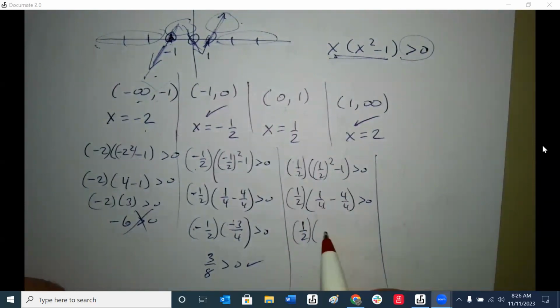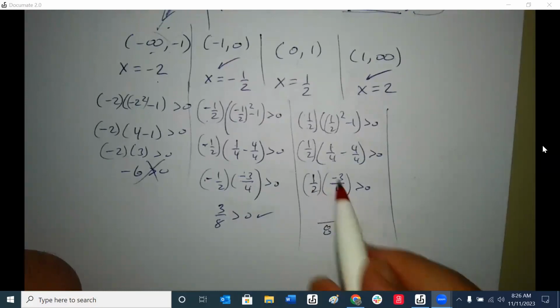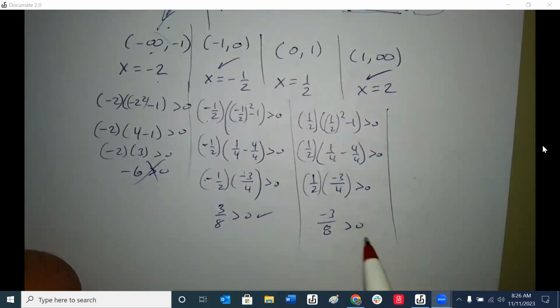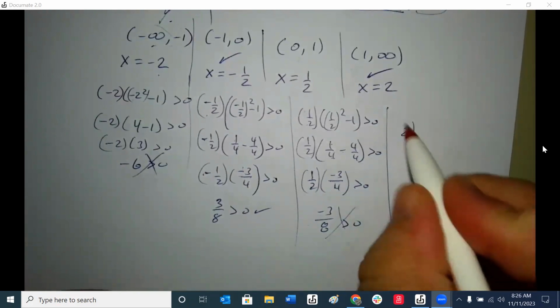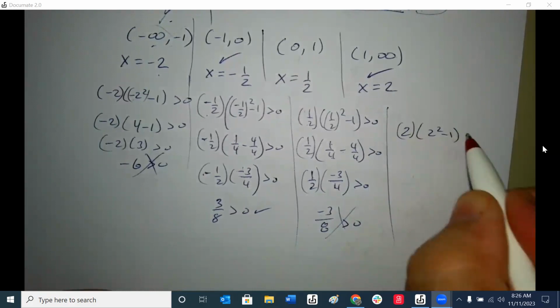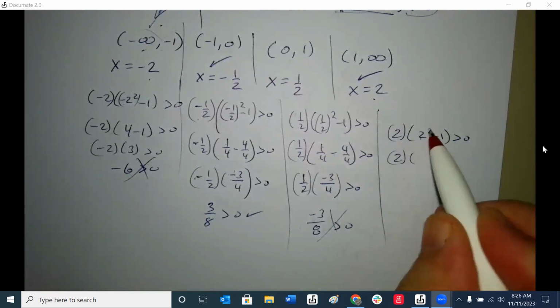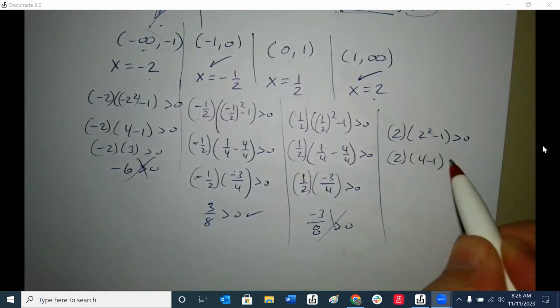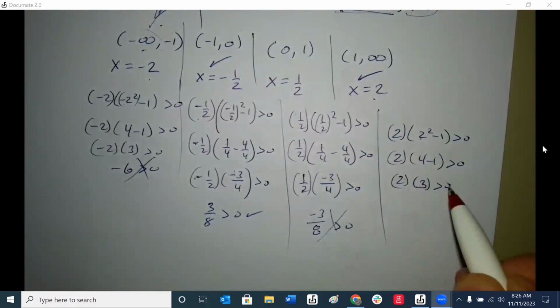So 1/2 times, since you have a common denominator, 1 minus 4 is negative 3. 2 times 4 is 8. 1 times negative 3 is negative 3. And that's negative, so it's not going to work. And then 2. 2 squared is 4 minus 1 is 3. 2 times 3 is 6, and that's greater than 0.